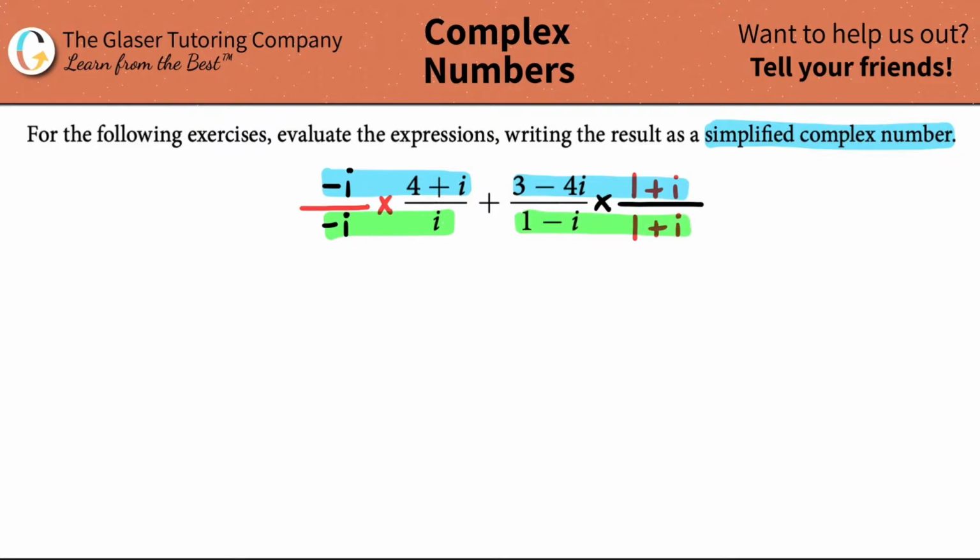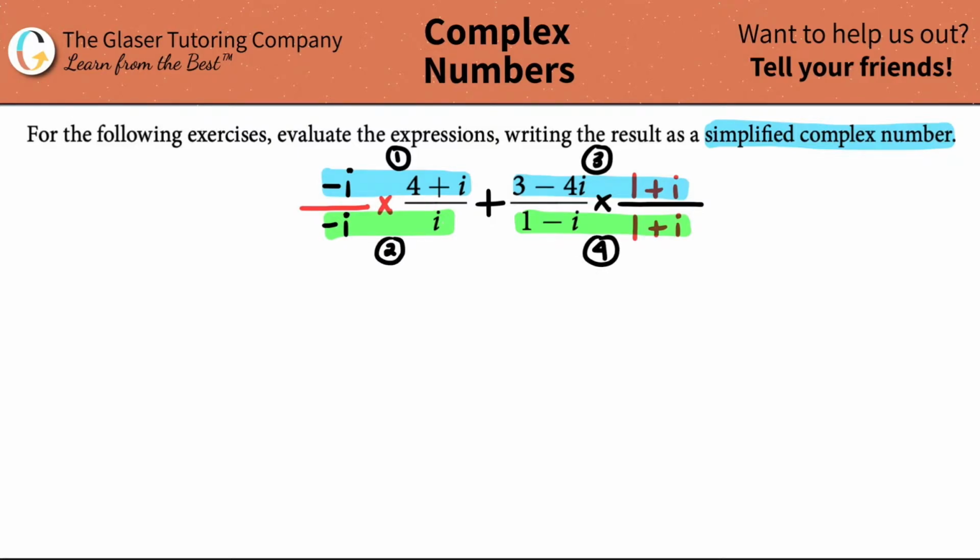So there's 4 different steps that we have to do. We have to do 4 different multiplications. We have to multiply this numerator, this denominator, this numerator, this denominator, and then we finally add them together. So let's do this in steps. Let's say that this one was step 1, this is step 2, this is step 3, and this is step 4.